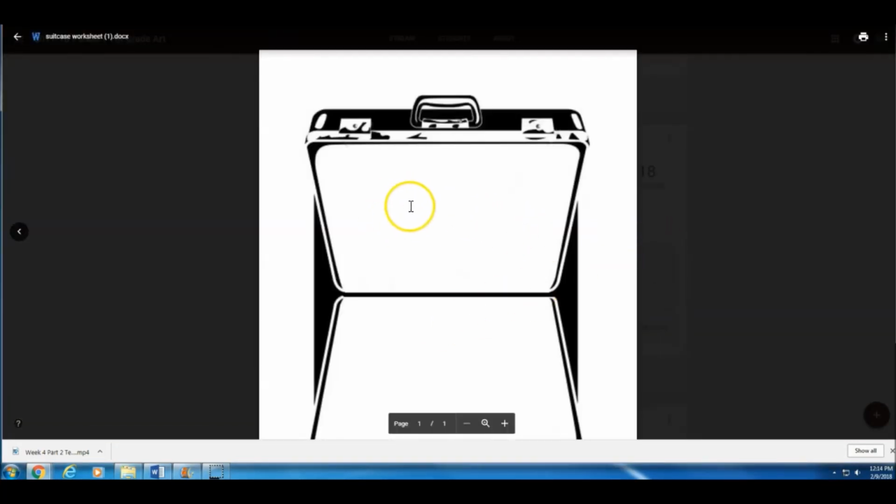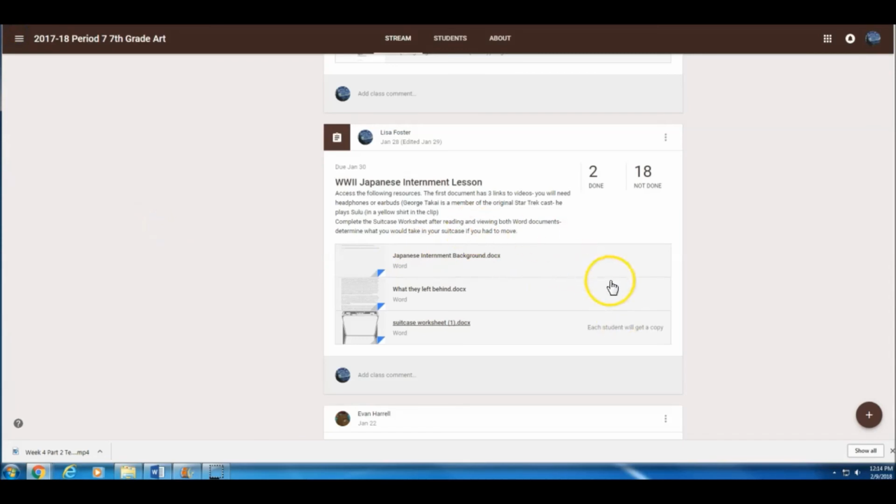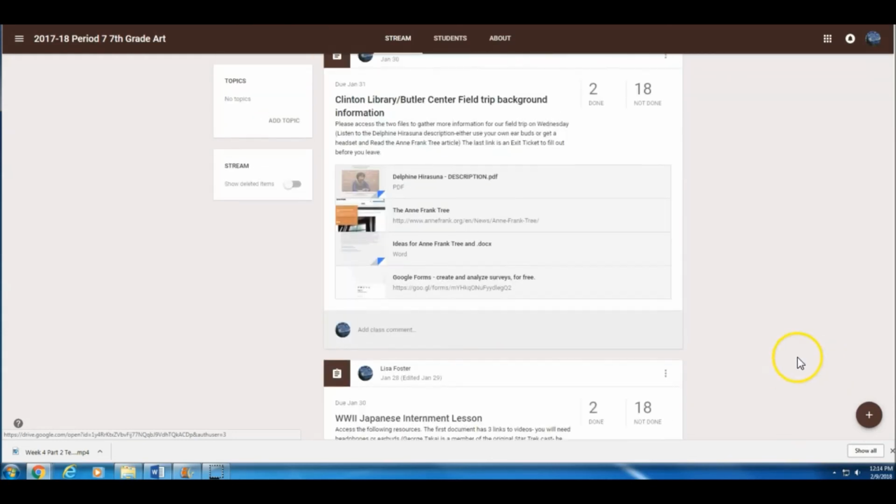The students were supposed to identify, if they had to take only one suitcase with them, whether they were going to the internment camp or a concentration camp, what would they pack? And so instead, we handed out paper copies, and that's what they turned in instead. So sometimes the idea behind Google Classroom is fantastic, but the reality was we didn't load it right, so it didn't quite work.